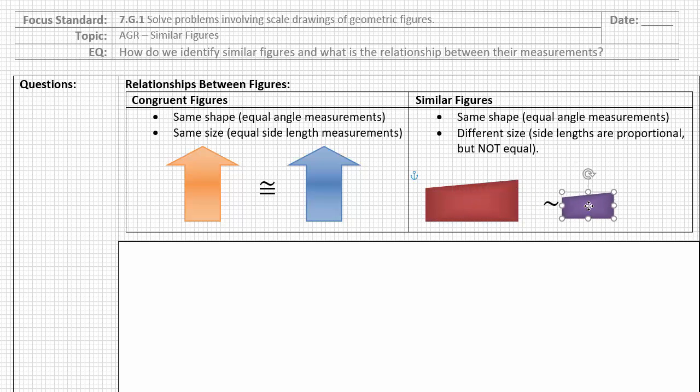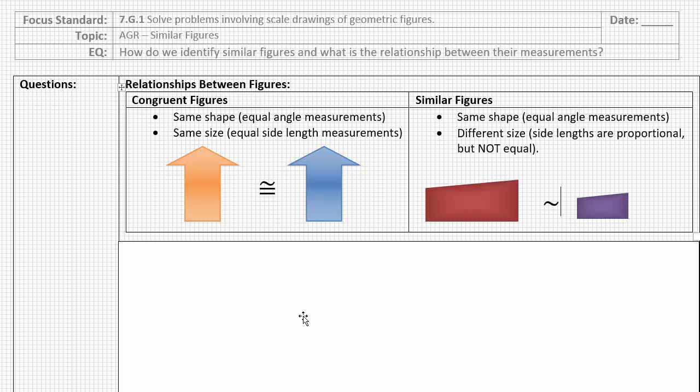This purple quadrilateral is a smaller version of this larger red quadrilateral. Their angle measurements match up, meaning they're equal in measurement, but their side lengths are not. So similar figures have the same shape, but a different size. And we use just the squiggle line, the tilde, to show that two shapes are similar.